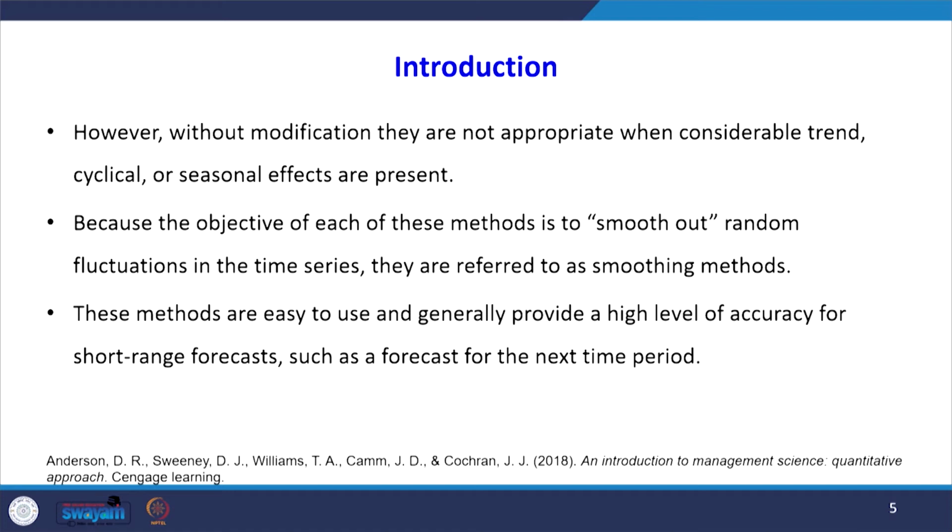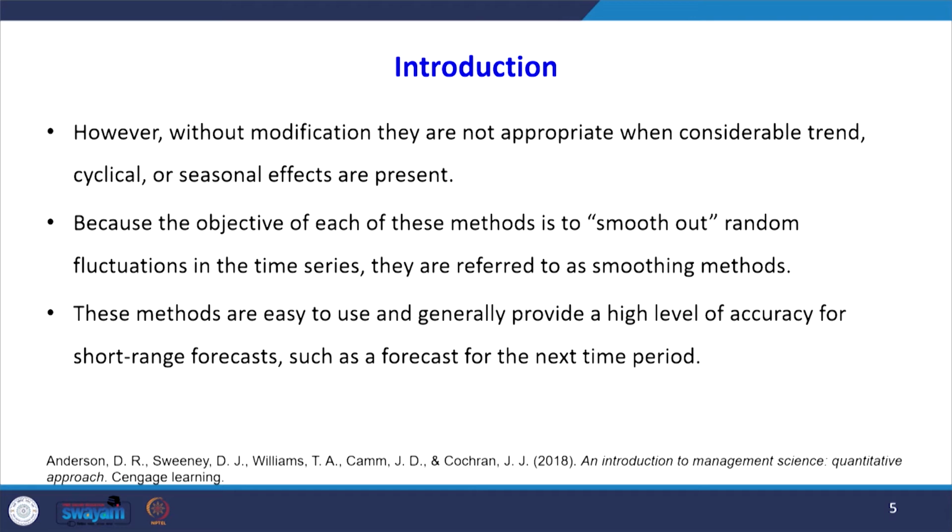However, without modification they are not appropriate when considerable trend, cyclical, or seasonal effects are present. So, another drawback of the moving average and exponential smoothing methods is that if there is any trend, these methods cannot be used as they are; we need certain modifications, because the objective of each of these methods is to smooth out random fluctuations in the time series.